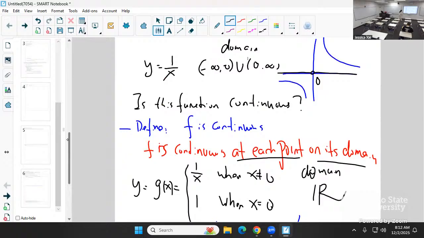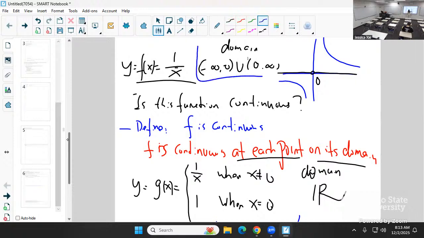But y equals g of x is discontinuous on its natural domain. So here the domain is very important, okay?